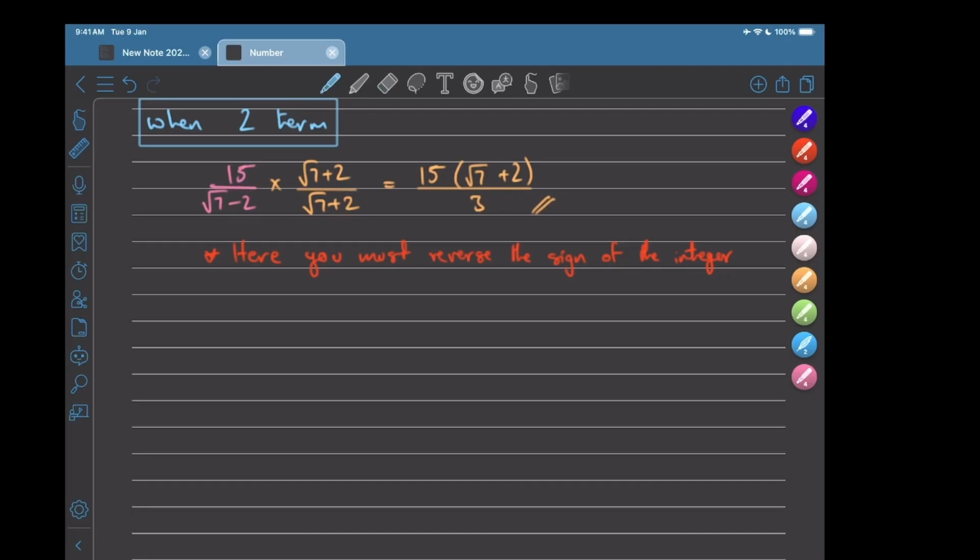Then you do not need the quadratic, you just multiply and solve. I am assuming you guys know bracket multiplication. So you do the bracket multiplication and then you get the denominator as 3. When you see that your denominator does not have any under root, that's when you know that you have rationalized the denominator. That's what you call the rationalization of the denominator.